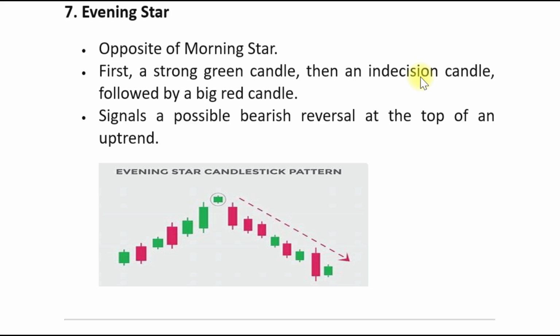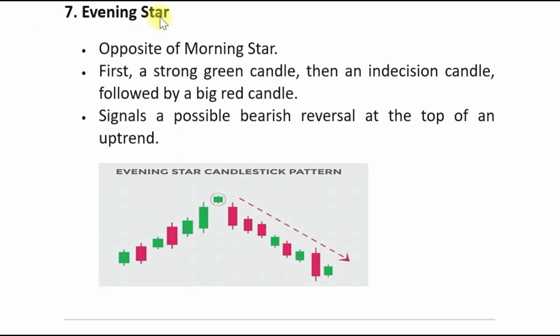Now here is the interesting part. These patterns don't work 100% on their own. The real magic happens when you combine these patterns with support and resistance levels or trend lines. Then only do these patterns give you accuracy so you can make profits.